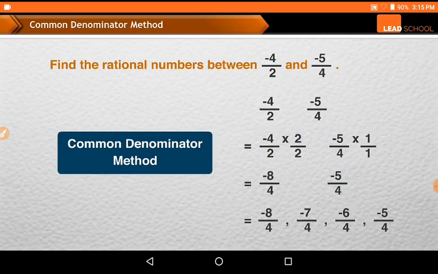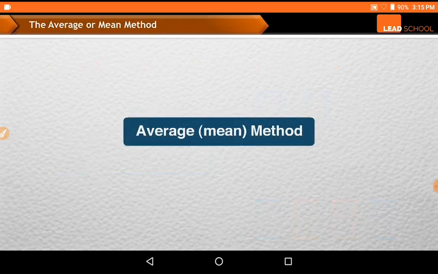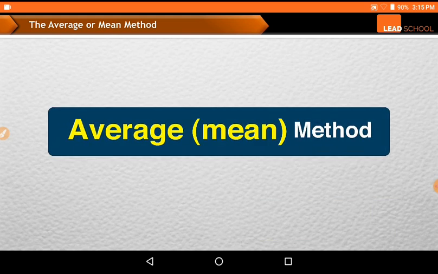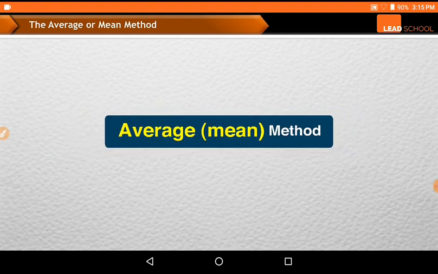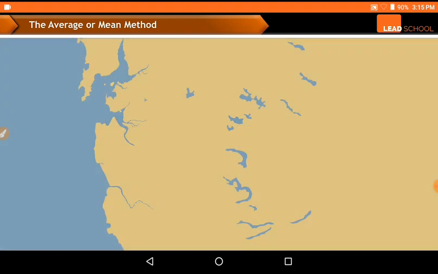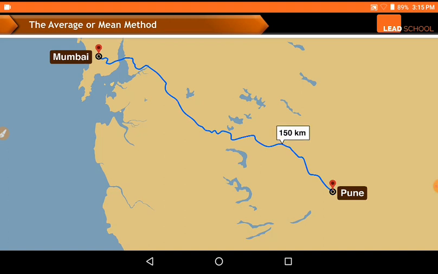We have already studied the common denominator method to find the rational numbers between two rational numbers. There is one more method known as the average mean method to find the rational numbers between two rational numbers. Let us understand the concept of average mean with an example before applying it to rational numbers. Let's say Raj travels from Mumbai to Pune, which is located at a distance of 150 kilometers from Mumbai.